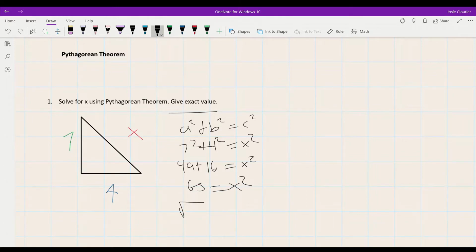Square root of 65 equals x. Now, because it wants an exact value and 65 is not a perfect square, we will leave it as x equals the square root of 65.